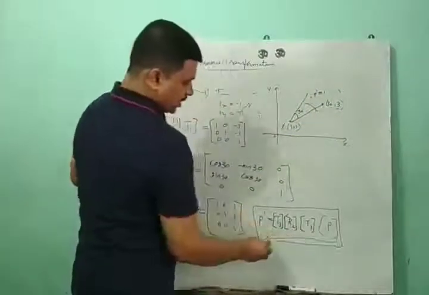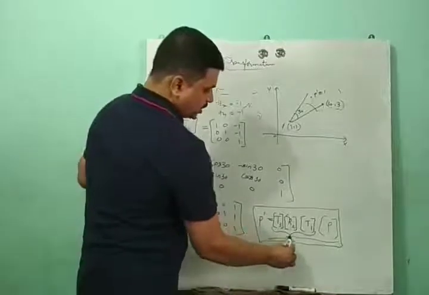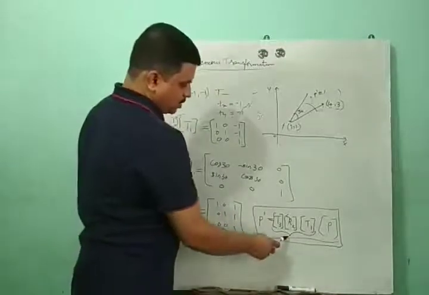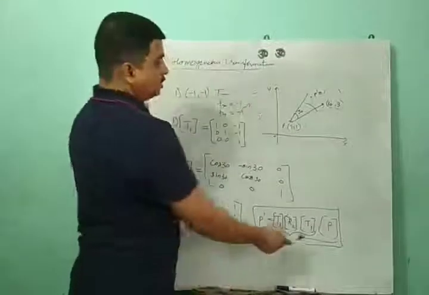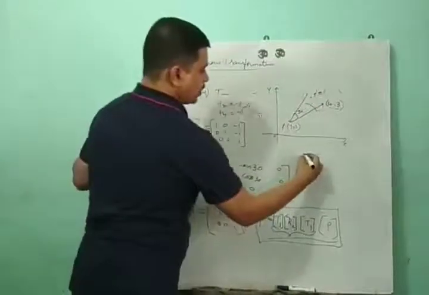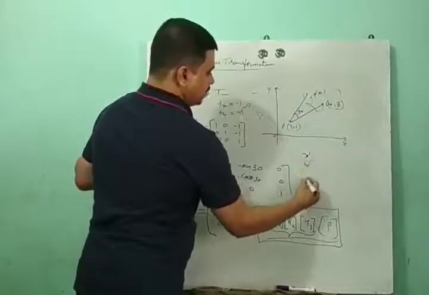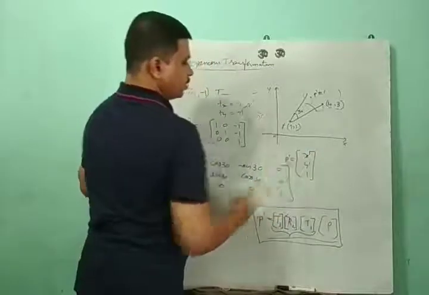Now you have to multiply these three matrices first, then multiply with the given point, and it will give the final answer in the form of x dash, y dash, 1, because it is a point, so P dash will be this one.